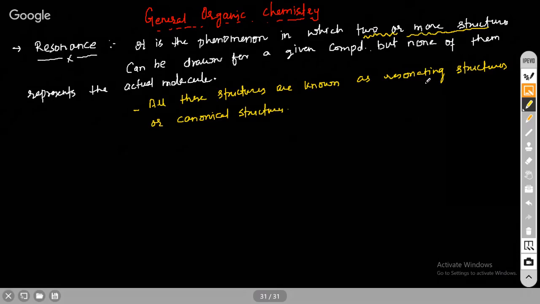From now onwards, we will use RS to denote resonating structure, because every time we would otherwise have to write resonating structures here and there. So we'll use RS for resonating structure.